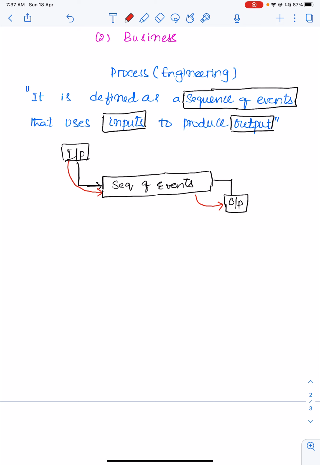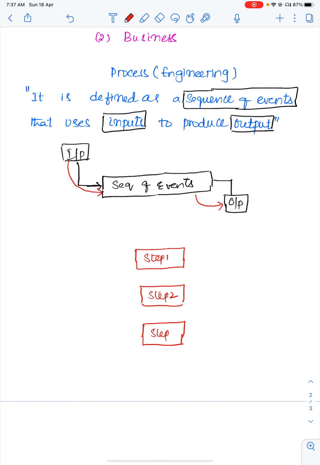Now let us redraw this particular diagram a little bit. What do you mean by sequence of events? There will be certain steps like step 1, step 2, step 3, etc. All these steps are called a sequence of events.